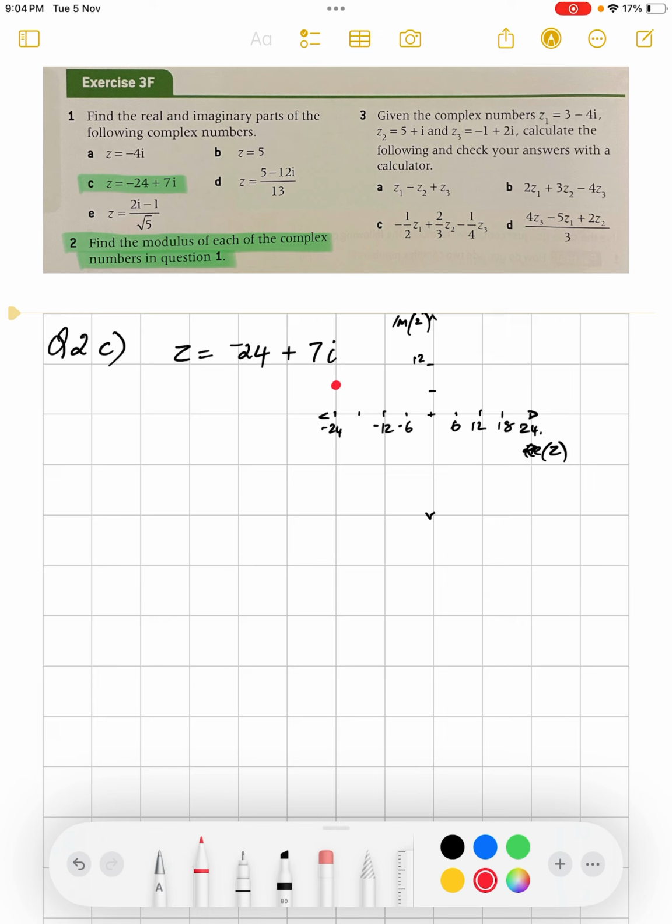And the modulus, here's the origin, and here's the complex number z. The modulus is this distance from the origin.